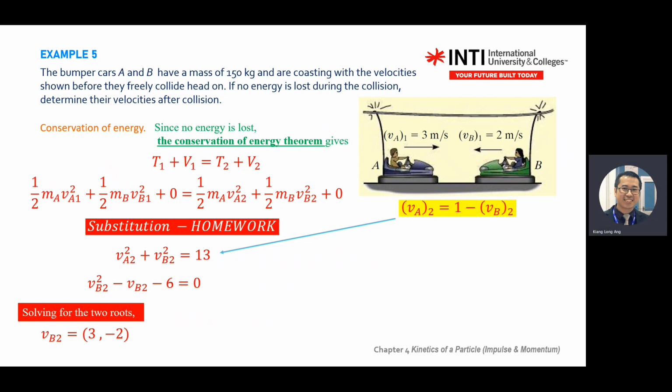Negative 2. So you already have negative 2. Another answer is 3. The answer is 3. Because this is a quadratic equation, you have two roots, meaning both are correct. But it is like returning to the same intersection point. So you have two.